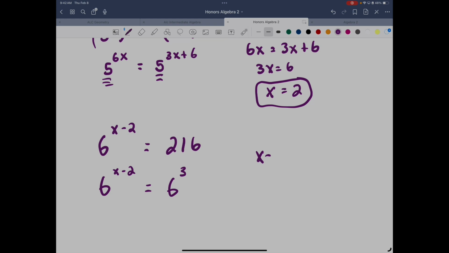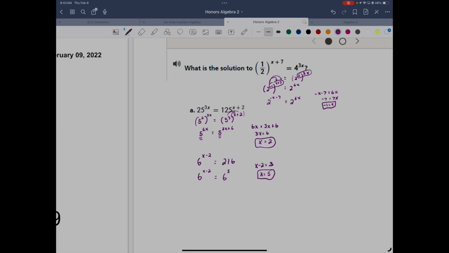So then x minus 2 equals 3, x equals 5. So if you can manipulate it so that the common base is the same, it's hard, but kind of doable.